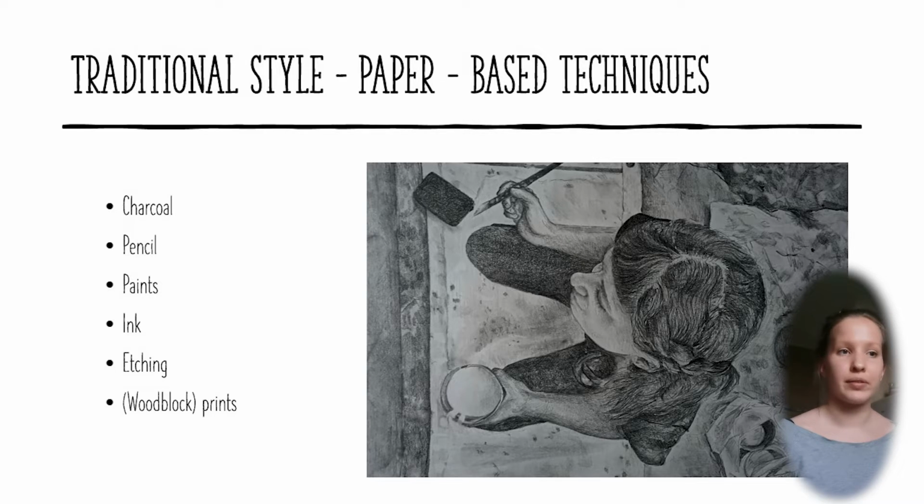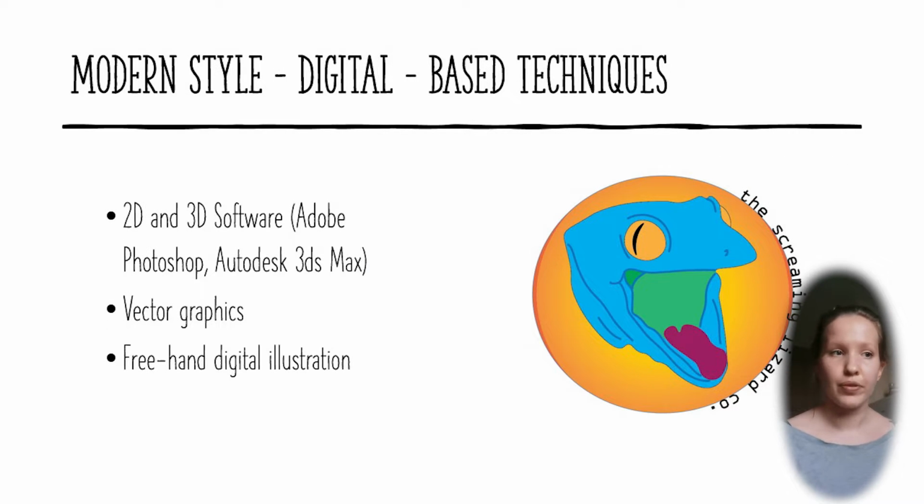And then, which are getting more popular today, are the modern style techniques, which means digital-based techniques. These could be 2D and 3D software. Examples could be Adobe Photoshop and Autodesk 3ds Max, which are used for vector graphics and freehand digital illustration.